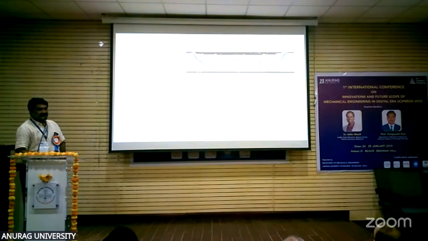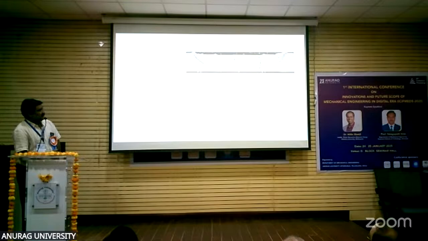Now this is the optical microscope image, the macrostructure and microstructure. The macrostructure gives the front evaluation: the nugget zone, thermomechanical heat affected zone, heat affected zone, and base material.